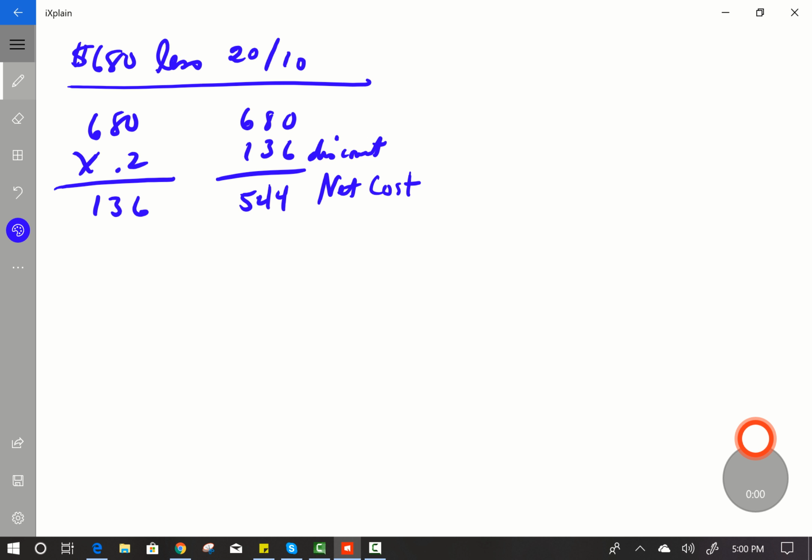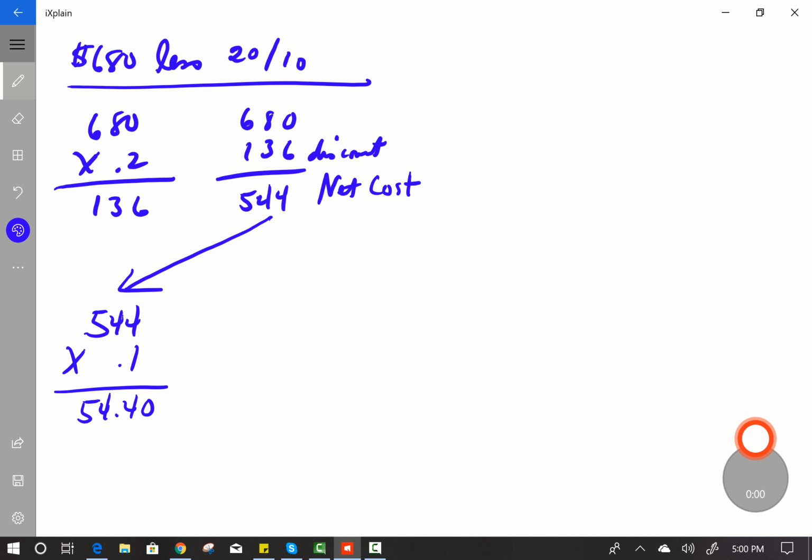This is why you don't add them together, because now we're going to take that 544 and multiply that times 10%, the second in the trade, to give us $54.40 for the amount of the discount.